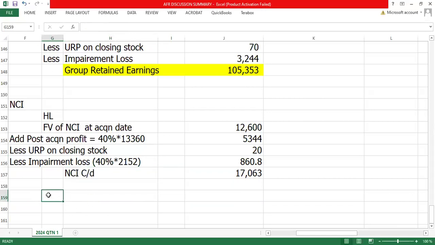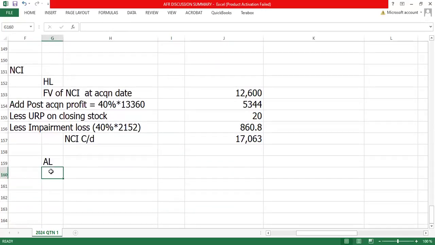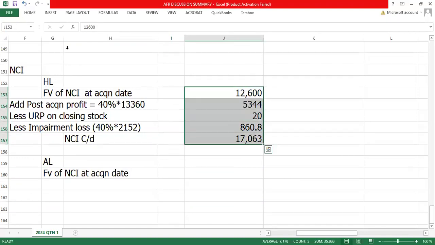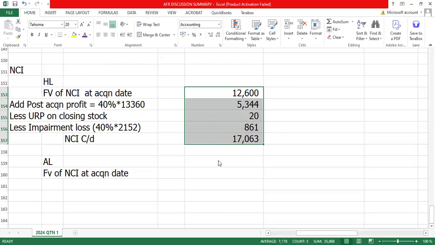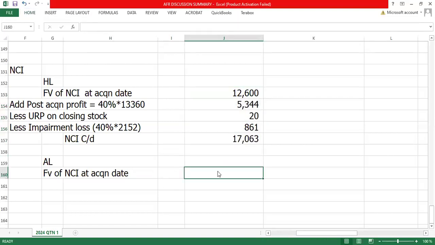What about AR? What was its fair value? The fair value of NCI at acquisition date. Do you have that? What did we record?